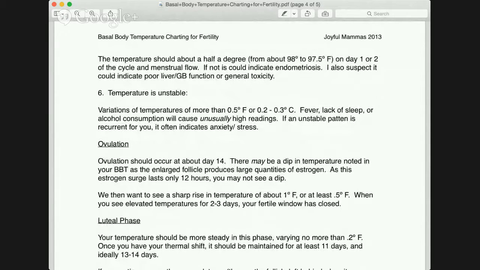What if the temperatures are very unstable? This is a common complaint of clients, to feel like things are too unstable. So a fever, not getting enough sleep, or drinking alcohol may make those temperatures look high.